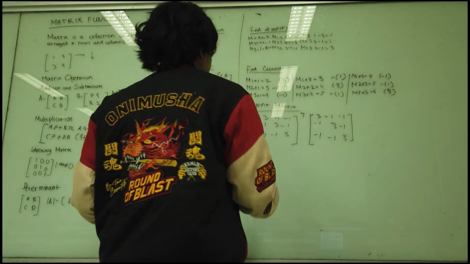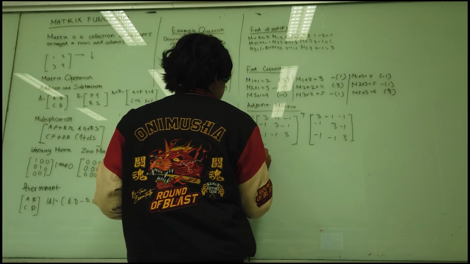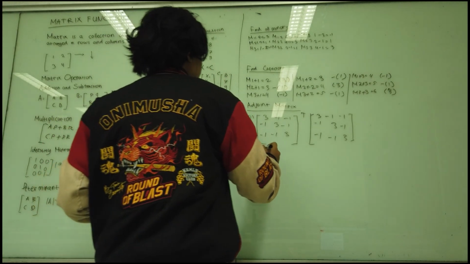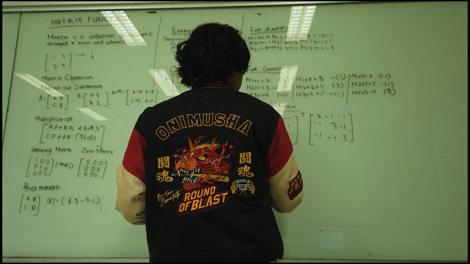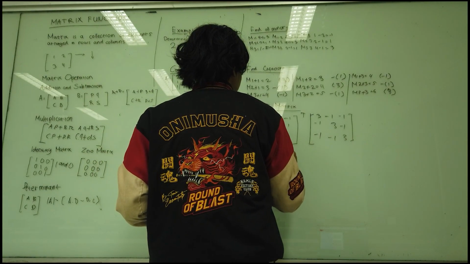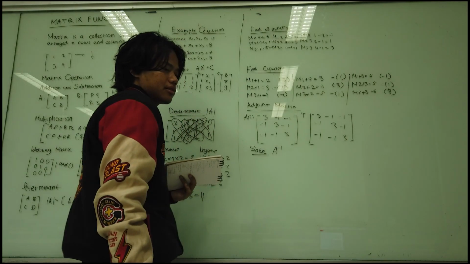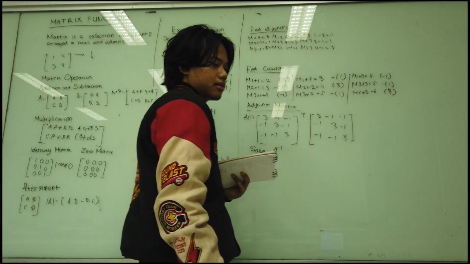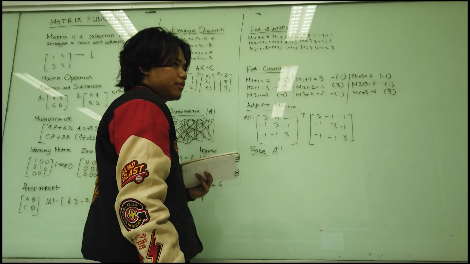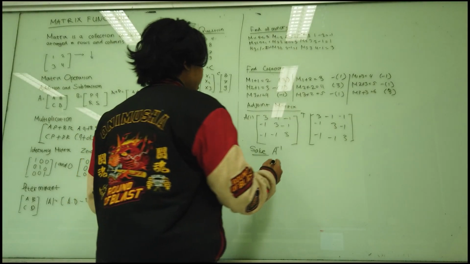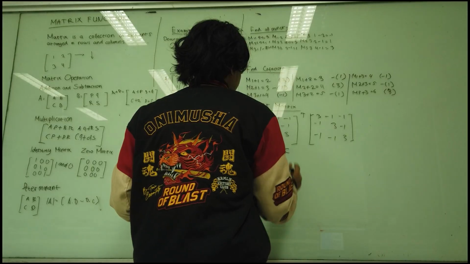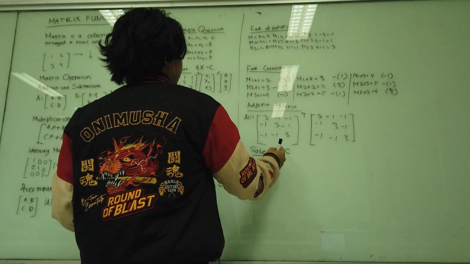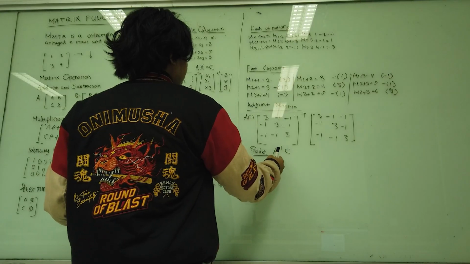And so finally we go into the solving stage, which is the function A power of negative 1 with C. So how do we get this determinant with power of negative 1?